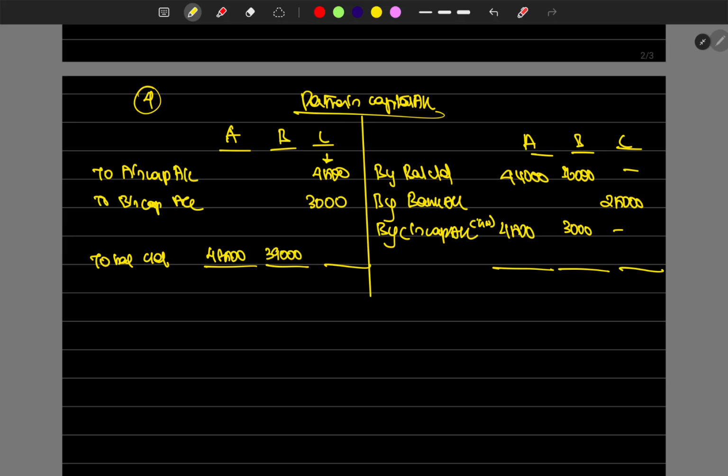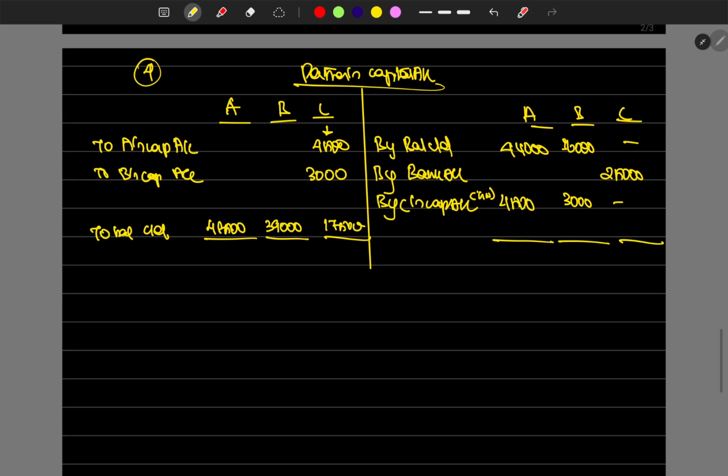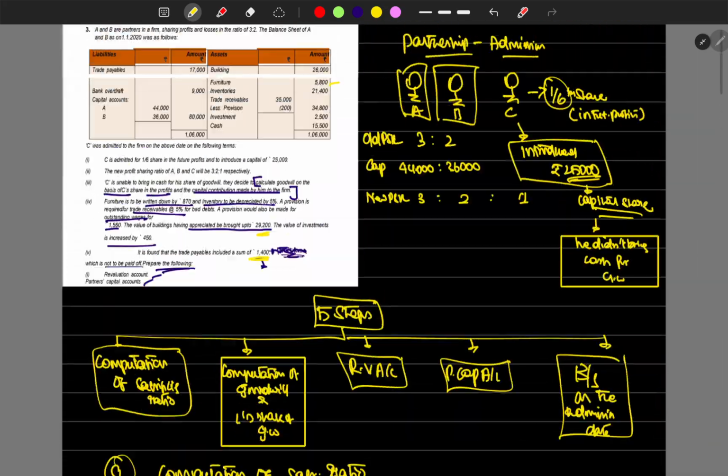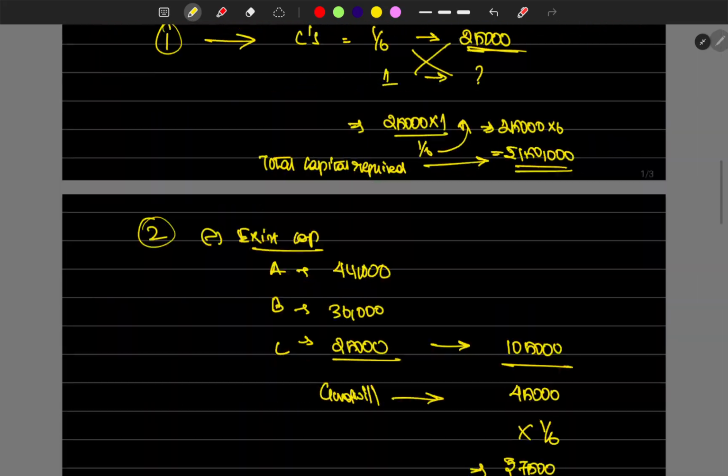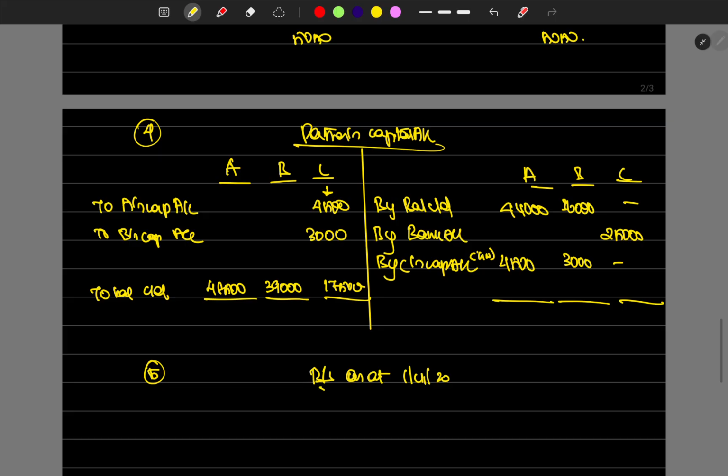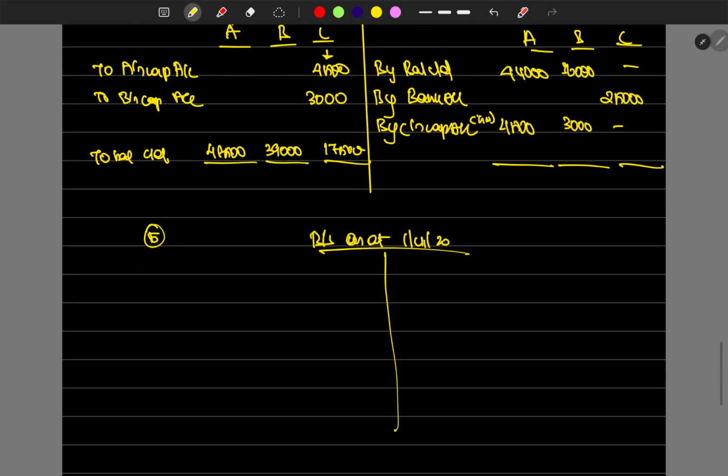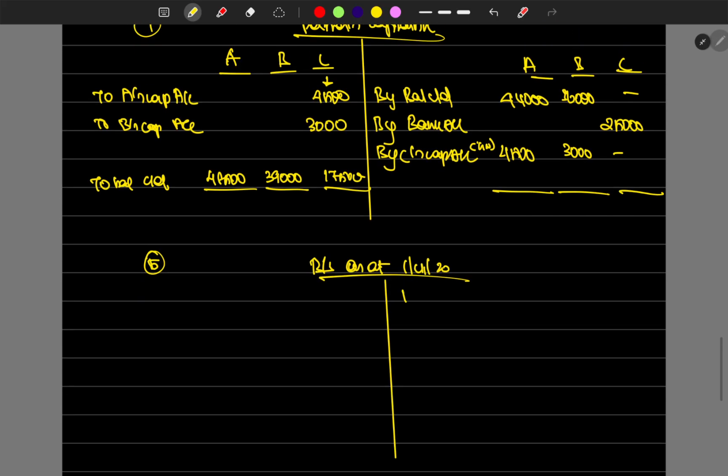And then 25,000 minus 4,500 minus 3,000, which is 17,500 is the closing capital of partners. Okay, let's quickly prepare the balance sheet as at 1/4/2020, the admission date, right? So what's the building balance?